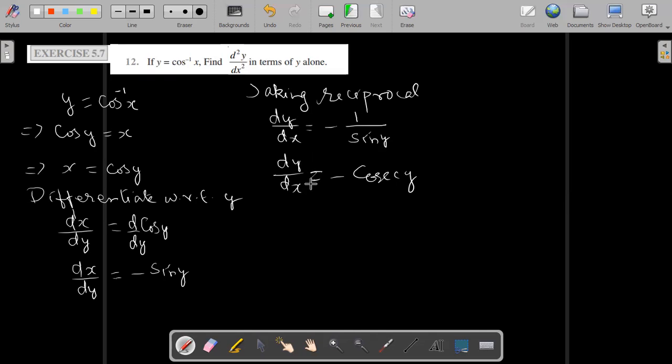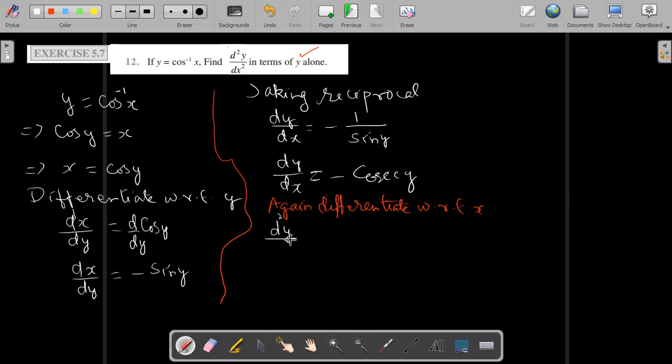Now again we have to differentiate. You can see that we got the first derivative also in terms of y. We differentiate again, then again one more dy by dx will come, and that dy by dx will be replaced by the expression in y. So differentiating again with respect to x, we get d2y by dx square.